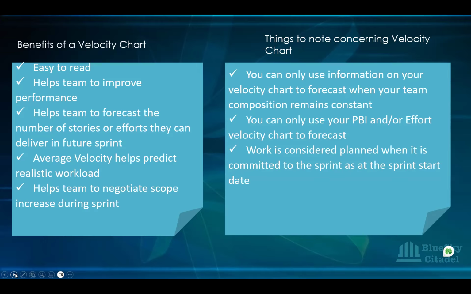Another thing is that you can only use your PBI or effort velocity chart to forecast. You can generate a task velocity chart, but it's really not ideal to use it, because tasks are at a different level. Task, remember, is individual, not like the stories. For the stories, both the developer and the QAs will work on it.